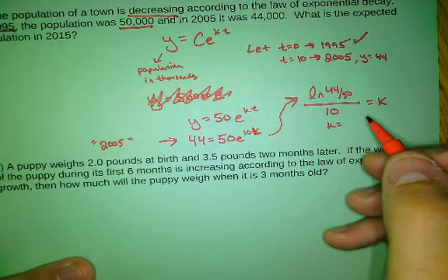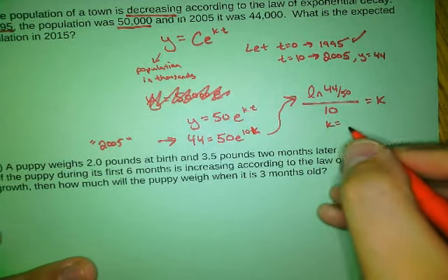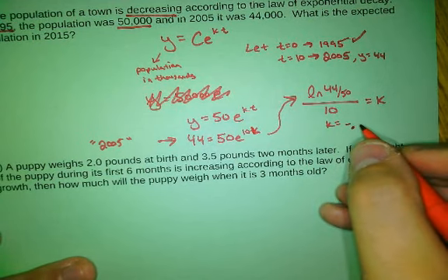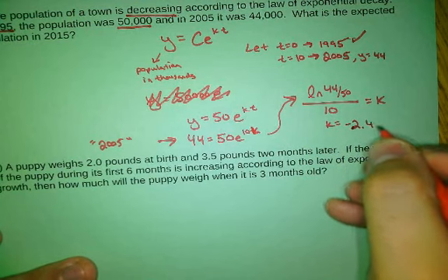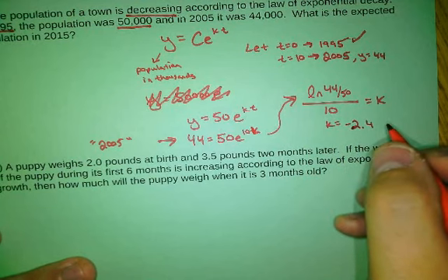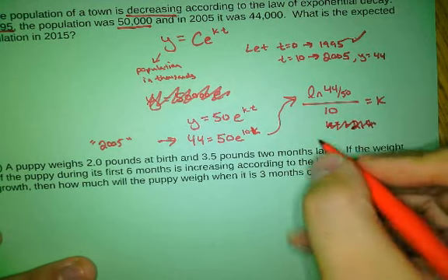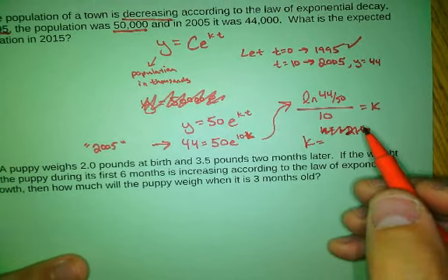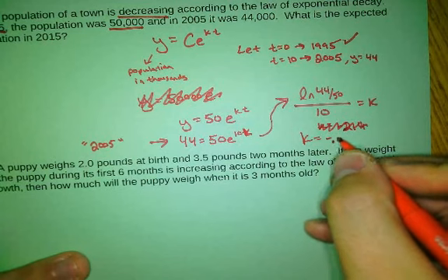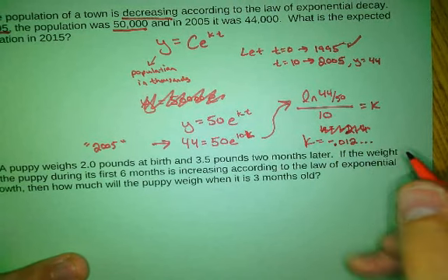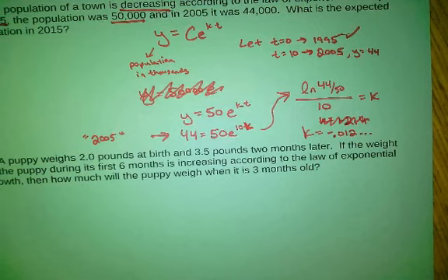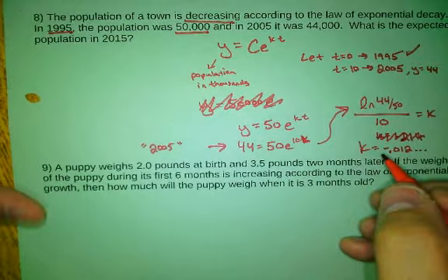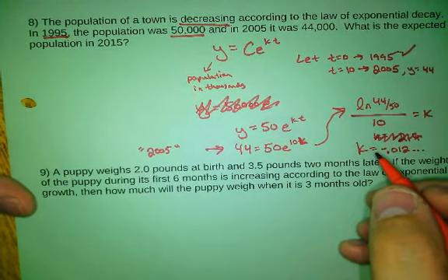I bet K is negative, because it's a negative rate. Negative 2 point... we're not getting that. Let's try that again. Daniel, what'd you get? That means I have to use all the information. Store it. Oh, we had a parentheses issue?